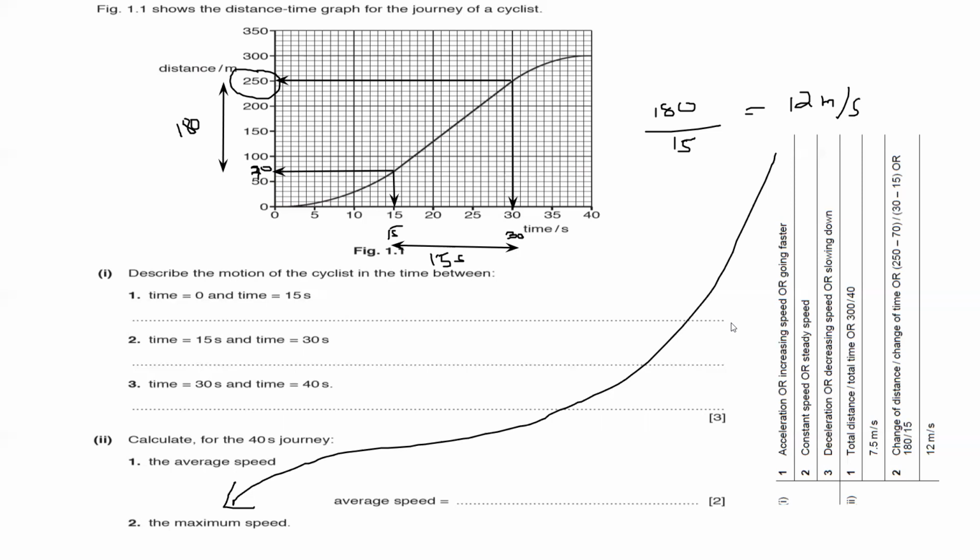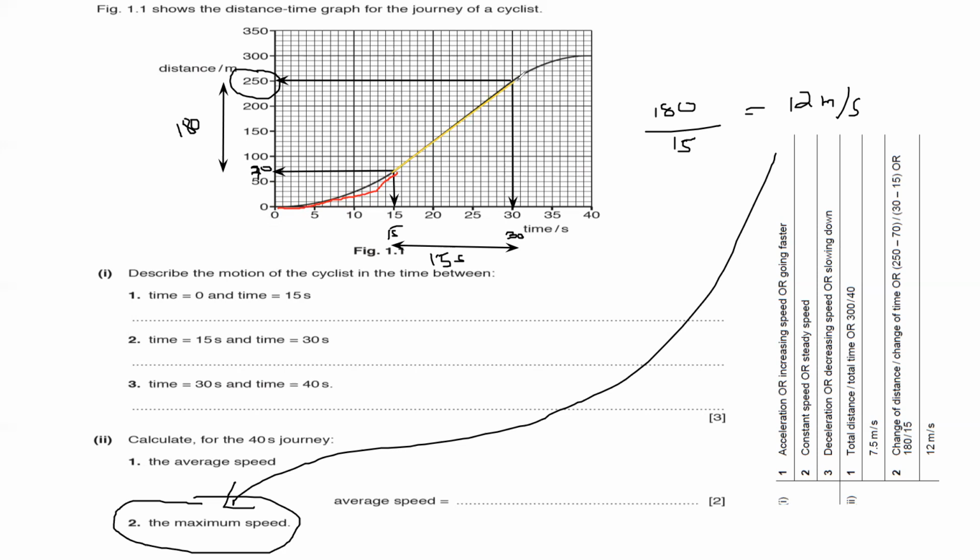But this time they made the question a bit tricky by telling us to calculate the maximum speed. So first you have to work out the region in which it will have the maximum speed, by looking at the angle or the gradient. In this region it will have the maximum gradient. That's why it will have the maximum speed.